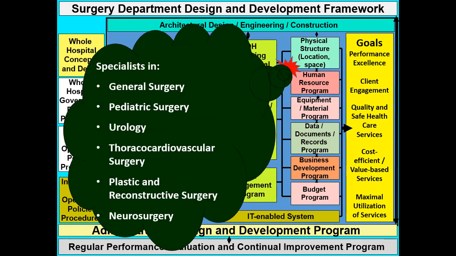The specialists usually consist of consultants in general surgery, pediatric surgery, urology, thoracocardiovascular surgery, plastic and reconstructive surgery, neurosurgery, and other subspecialties. But in some hospitals, especially nowadays, the composition is not the same anymore.